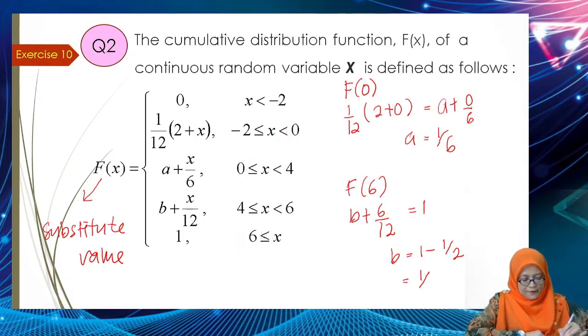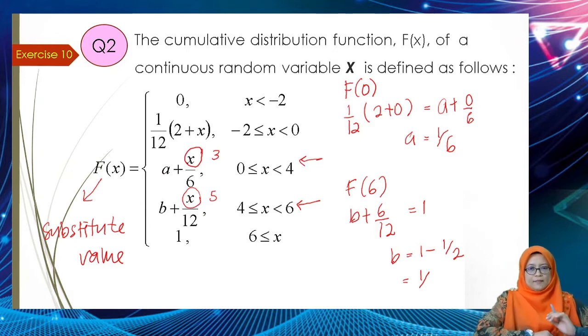So F5 tu dekat interval sini, F5. So kita akan ganti nilai X ni nanti dengan 5. Okay, so tolak dengan F3. So 3 dekat function ni. So nanti X tu kita akan ganti 3 dekat sini. Okay, boleh ya?